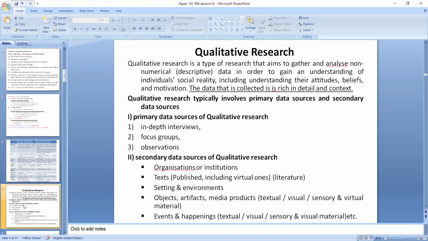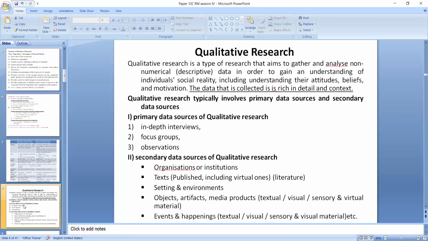The objective obviously is to gain more understanding of attitudes, beliefs, motivation, and going deep. Right? So for exploratory research, you need to use qualitative research methods. Right? In any kind of research design, secondary data and primary data both obviously come.